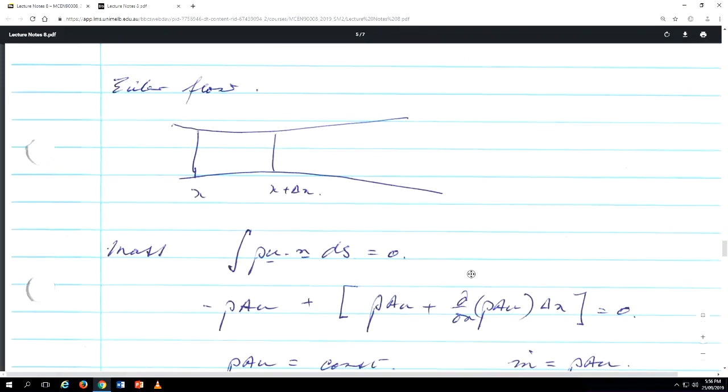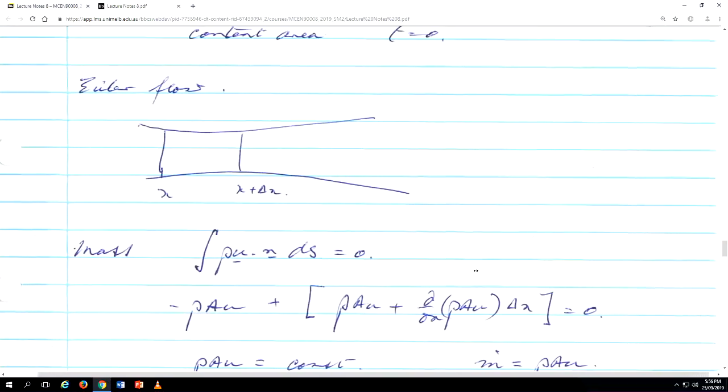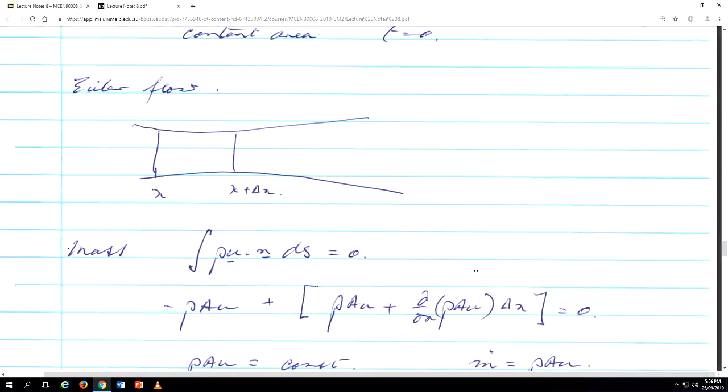Right, this is what I was doing. So, what is rho u dot n at X? Well, obviously, n is this way, and u is this way. So u dot n is minus 1. And it's uniform over that area. So I can do it easily. It's minus rho times the area here, which I don't know, but it's a function of x, times the velocity u, worked out on that surface.